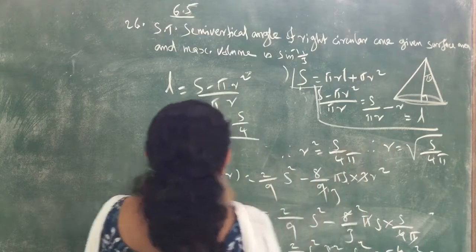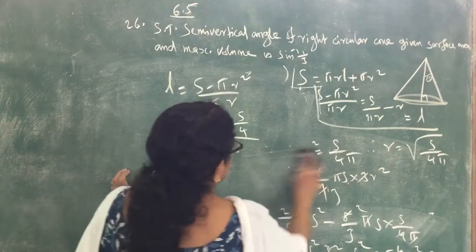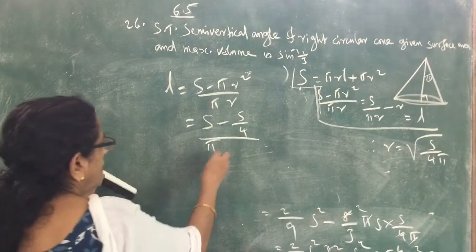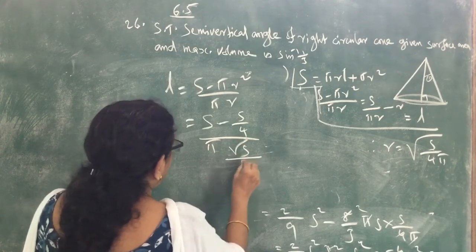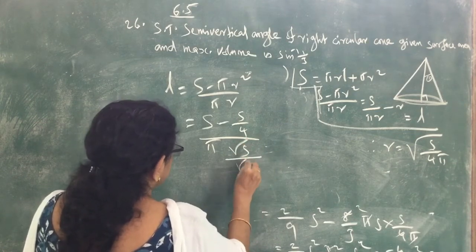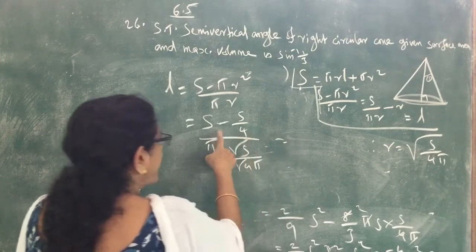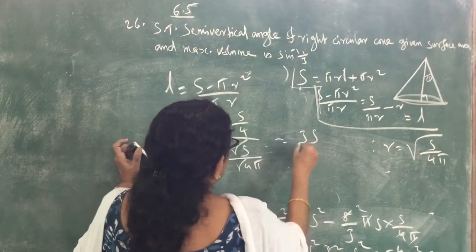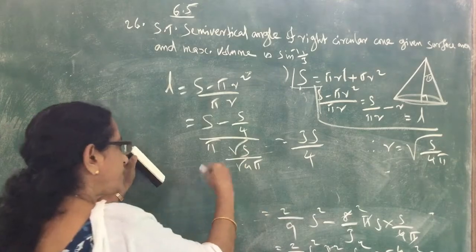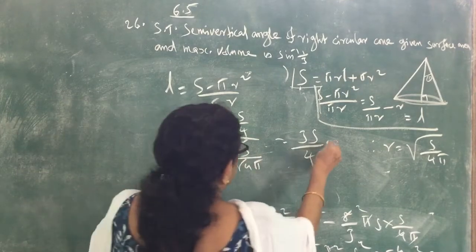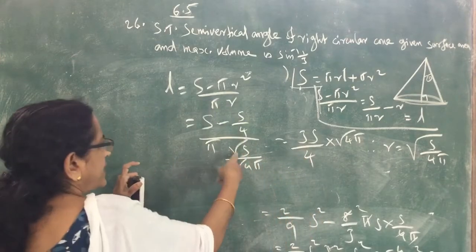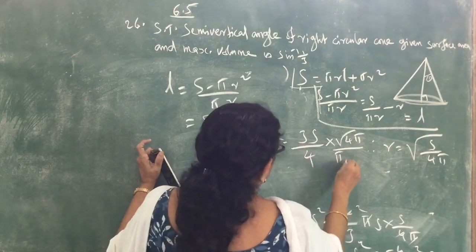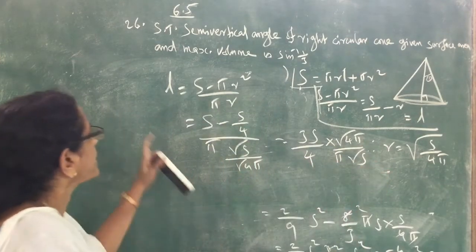R is root of s by 4 pi, so root s divided by root 4 pi. So s minus s by 4, that is 3s by 4. So multiply by the reciprocal, that we can write into root of 4 pi divided by pi into root s. So we got r and l.